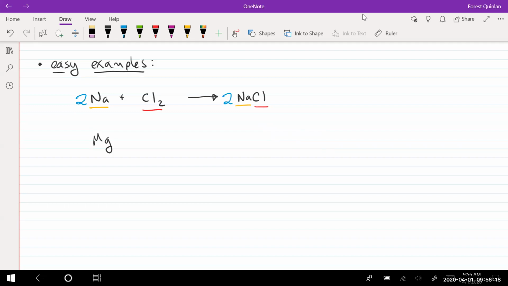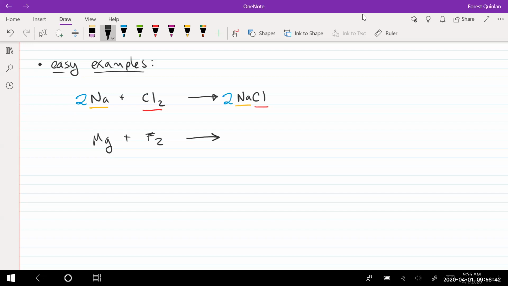So I'm going to do another one here. Magnesium plus fluorine. If we take a look at this, magnesium has what charge, guys? Positive 2.